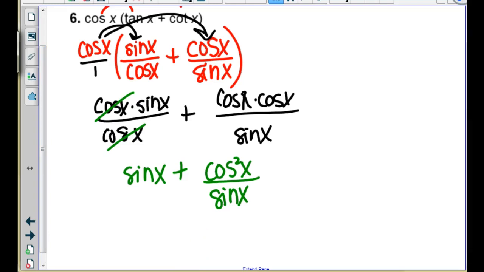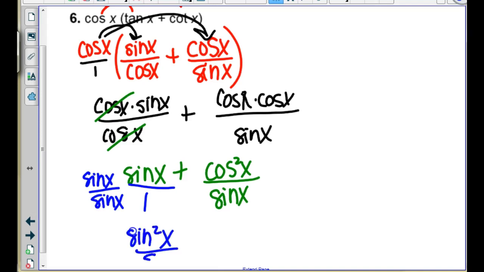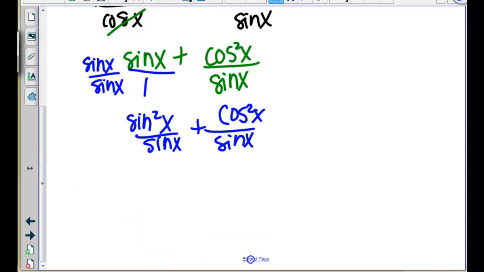Yes, we need to get a common denominator. So this is currently over 1. We'll need to multiply it by sine over sine. What will that become? Plus cosine squared over sine. I'm showing a lot of steps here. But now I can add the top and keep the bottom, right?